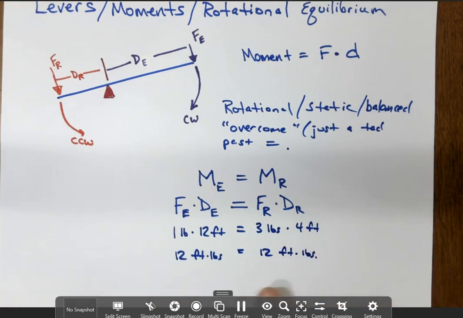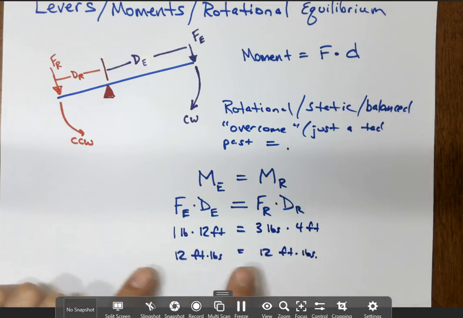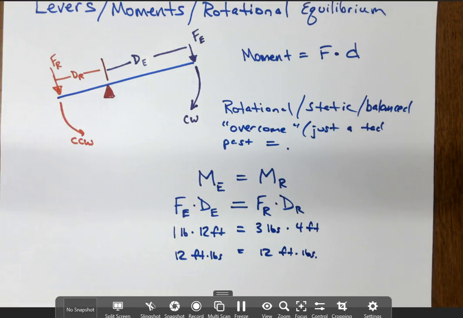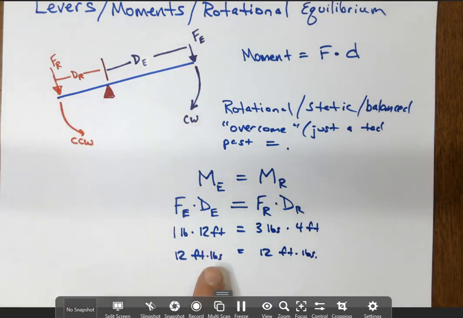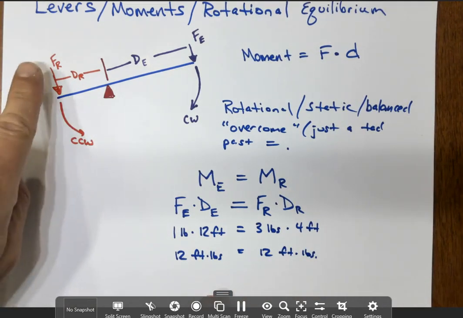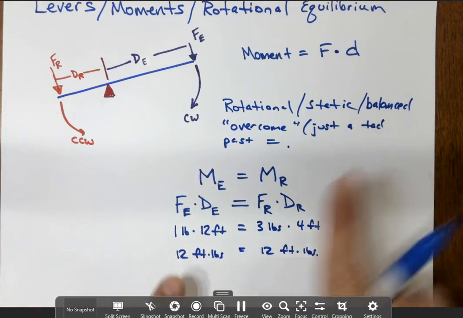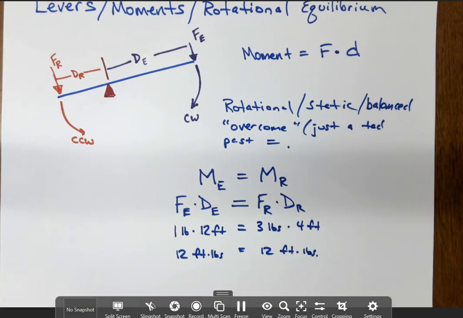And so here's an example where these values, the 1, 12, and the 3 and the 4, could be replaced and plugged in here, okay, for an effort force and a distance to the effort, and a resistance force and a distance. You can see that the forces are different, 1 and 3. That's okay. I can still be balanced because the distances are compensating for that difference.